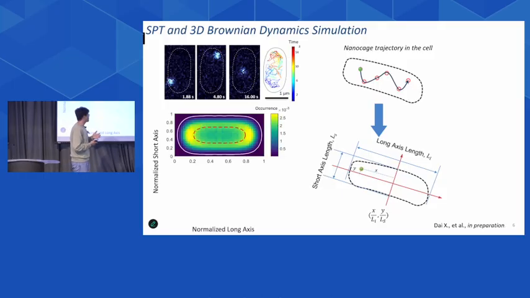By having hundreds of thousands of localizations from thousands of cells, we can have this assembled 2D histogram to represent the localization pattern of the nanocage in a normalized cell. And this color here represents the localization probability of the nanocage at the specific region. You see a yellow color at the cell pole and a lower occurrence at the center. That means the nanocage is excluded by the nucleoid.